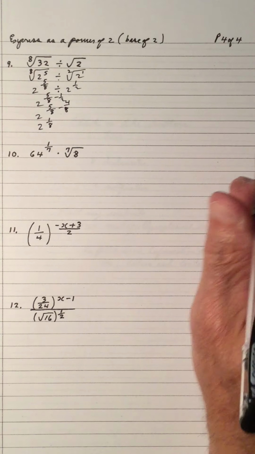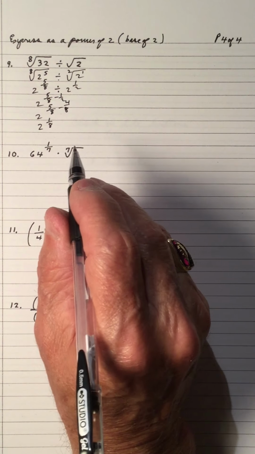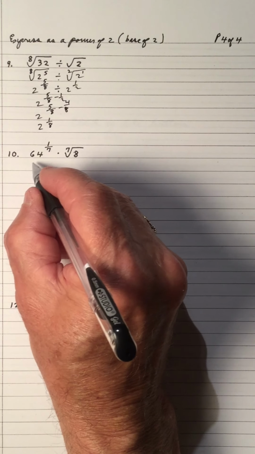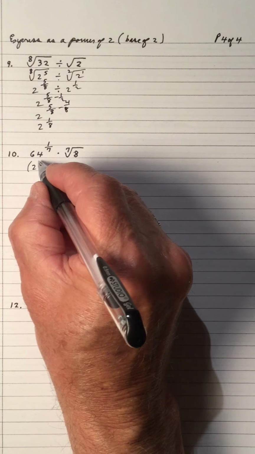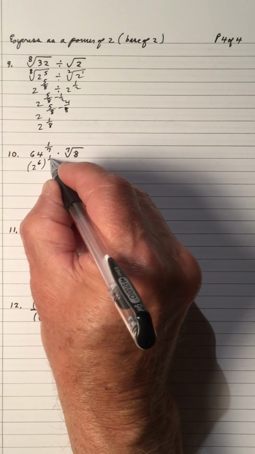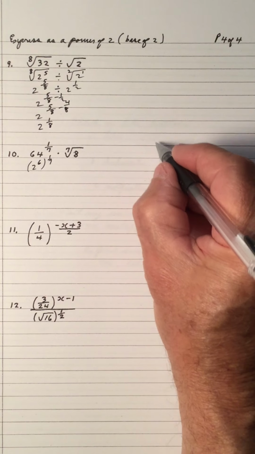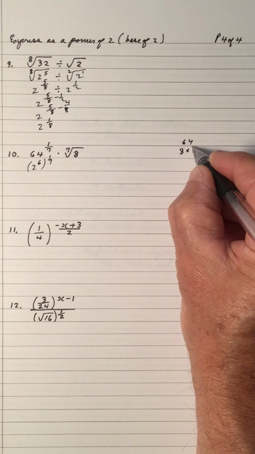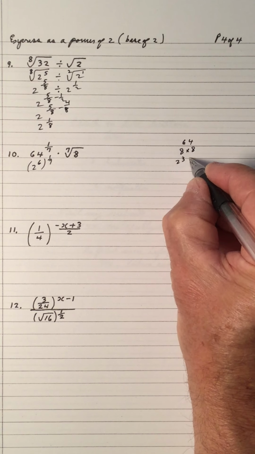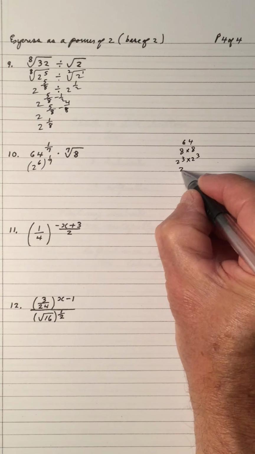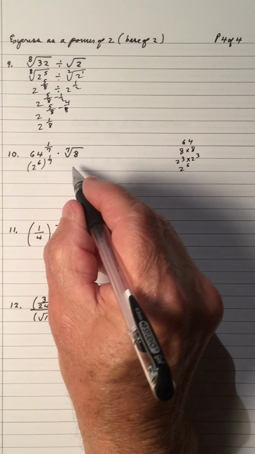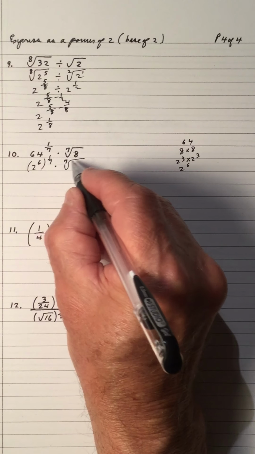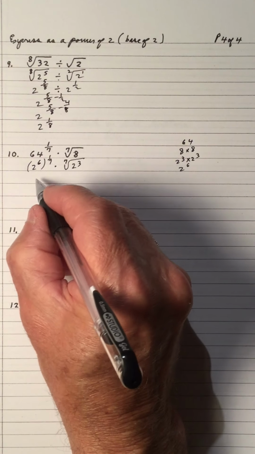Number 10, we need a base of 2 or power of 2. Let's see, 64 is 2 to the 6 to the 1 over 7. Now notice that 64 is 8 times 8. 8 is 2 cubed, and we add, we get a 6. So 64 is 2 to the 6, times the 7th root of 8, which is 2 cubed.